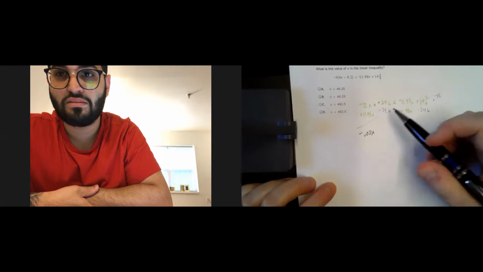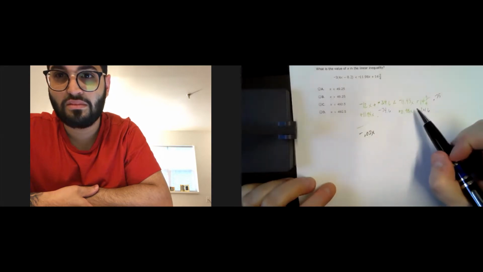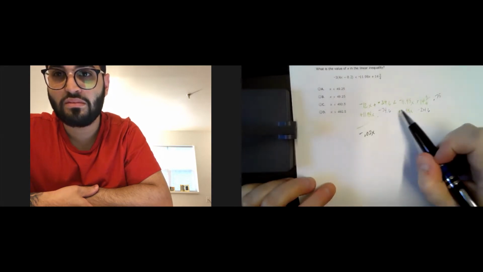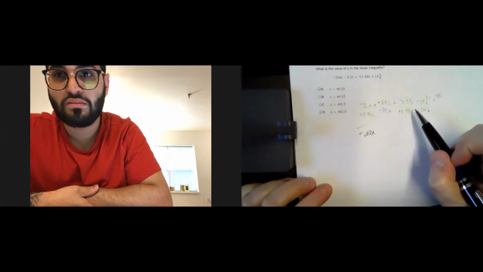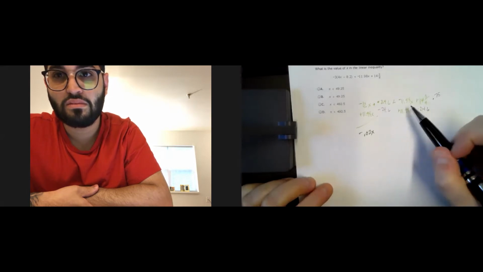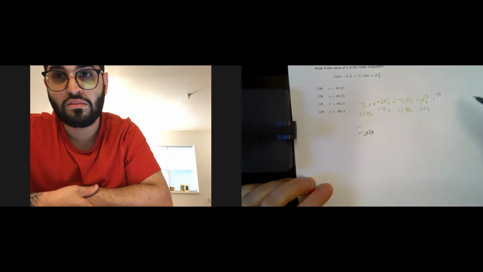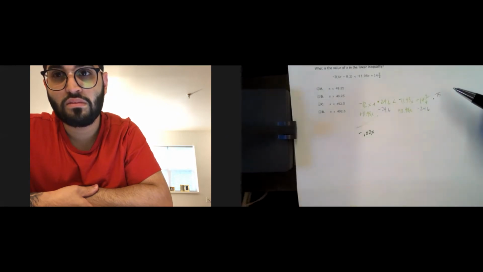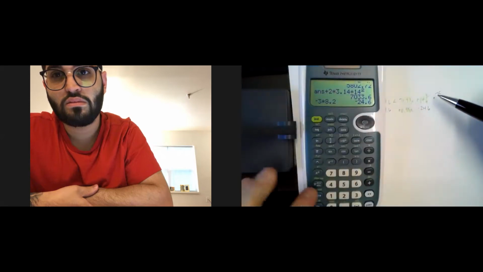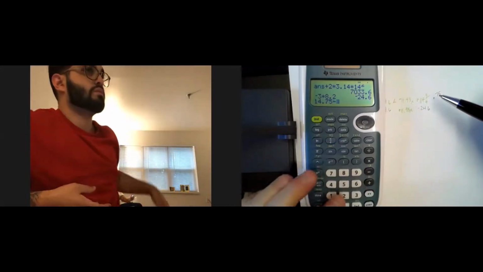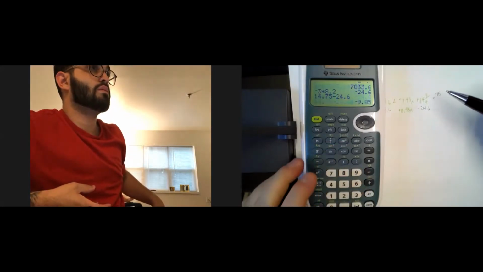And see what they did? They gave you one decimal and then a fraction. So make them look the same just for ease. Although you can type this whole thing into your calculator and the one online if you don't have a calculator with you. So from 14.75, we're going to get rid of 24.6. So we've got 14.75 minus 24.6 equals negative 9.85.